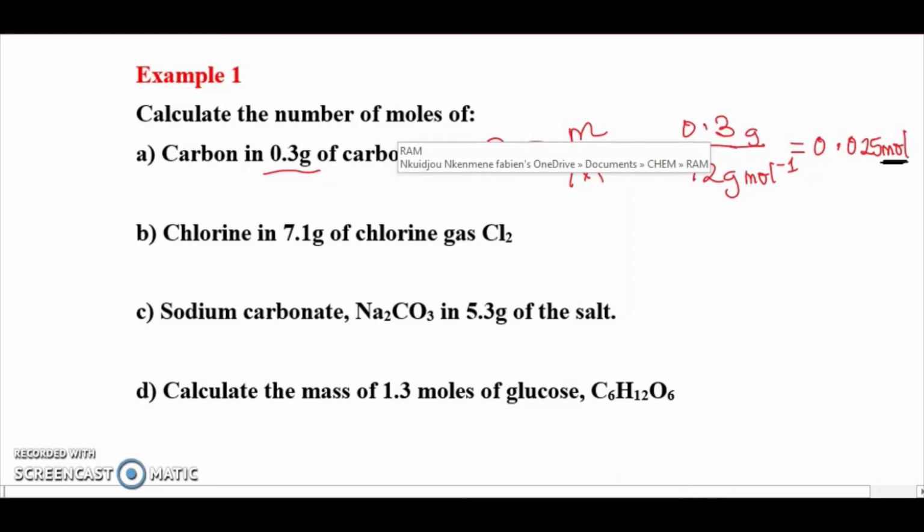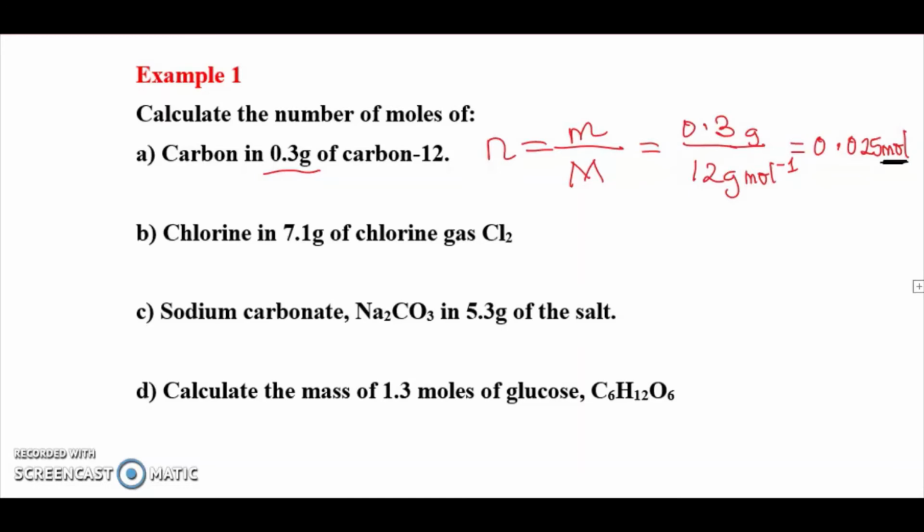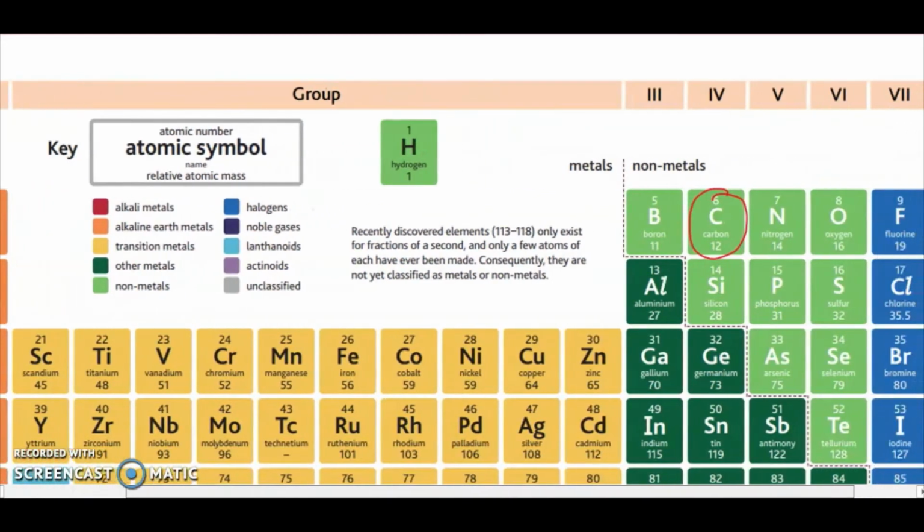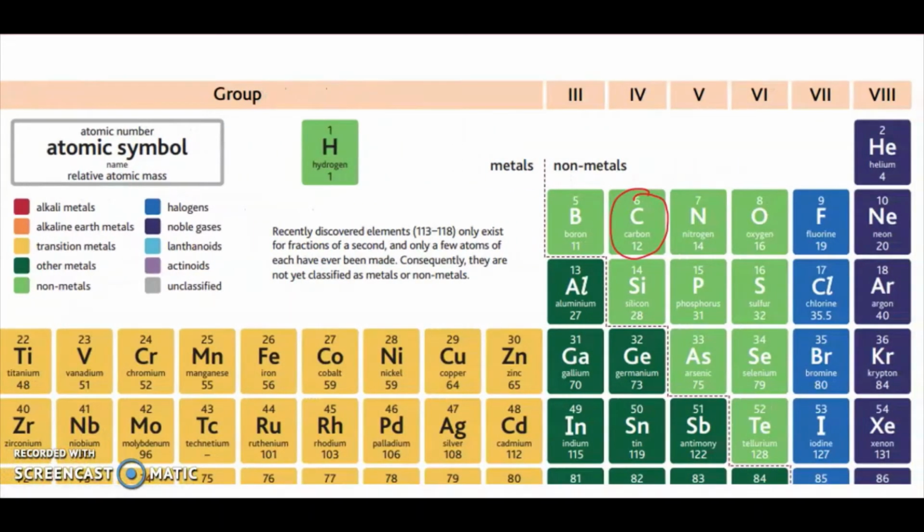So we want to calculate the number of moles of chlorine in 7.1 grams of chlorine gas. Now take note, in the chlorine molecule we have 2 chlorine atoms. So let's get the mass of 1 atom of chlorine. Go to the periodic table. Here we have chlorine.